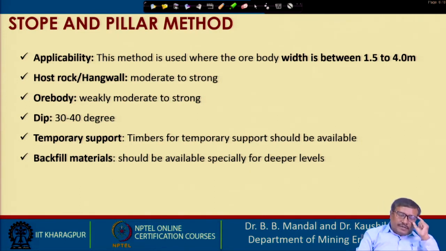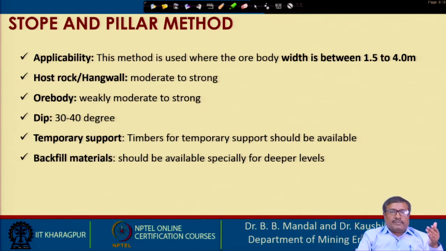And in the ore body, what kind of ore body are you going to mine? Weakly moderate, we say. That means not very weak, but from weakly moderate to strong, this wide range of ore body we can mine out by the stope and pillar method. Dip, you can start from say 30 to 40 degrees. Very steep room and pillars are not workable.